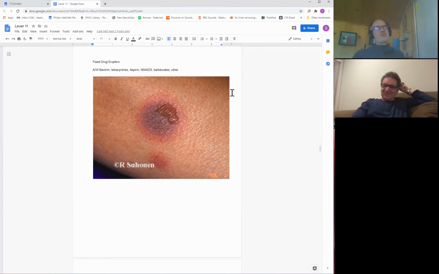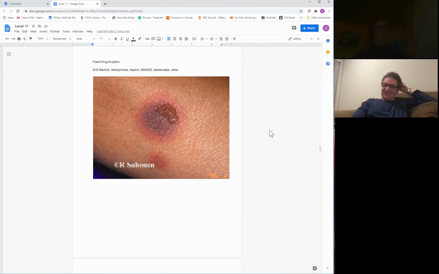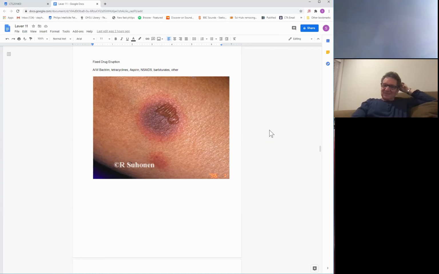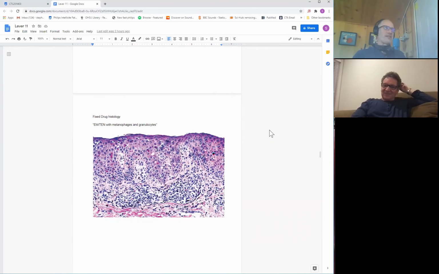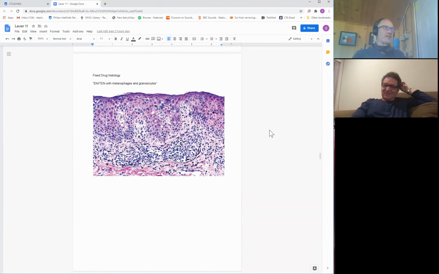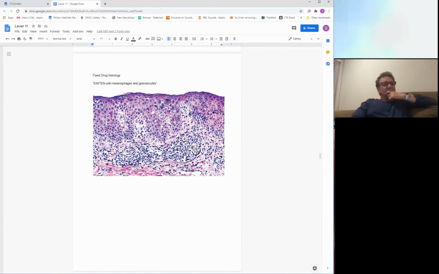So, and again, fixed drug, the more time passes, the longer the list is. And my take on fixed drug is, this is not Lever's take or Weedon's take, this is Steve's take, is fixed drug is like EM or TEN with melanophages and granulocytes. So it's generally an acute interface dermatitis, really similar to what we saw before.